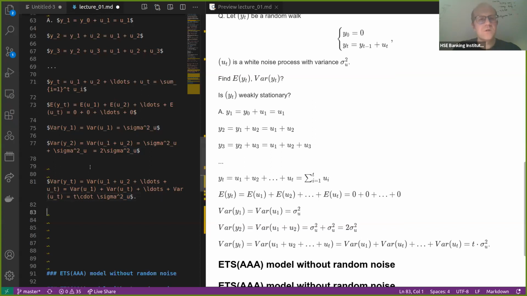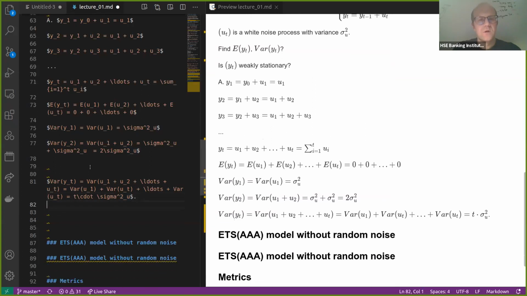And now a small question for you. Is the random walk process stationary, weakly stationary?